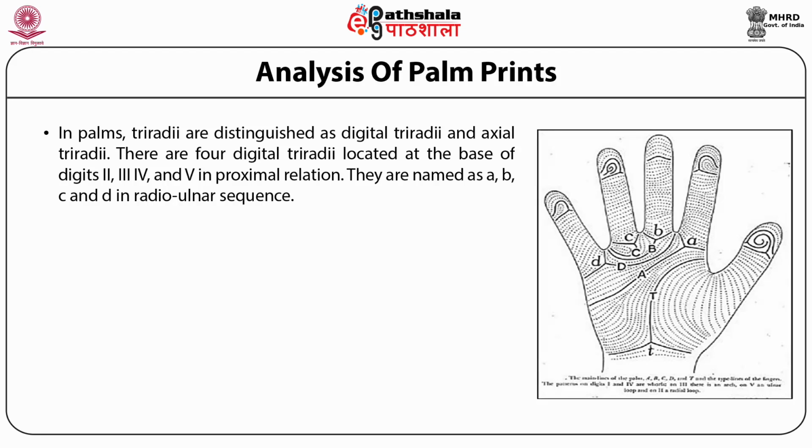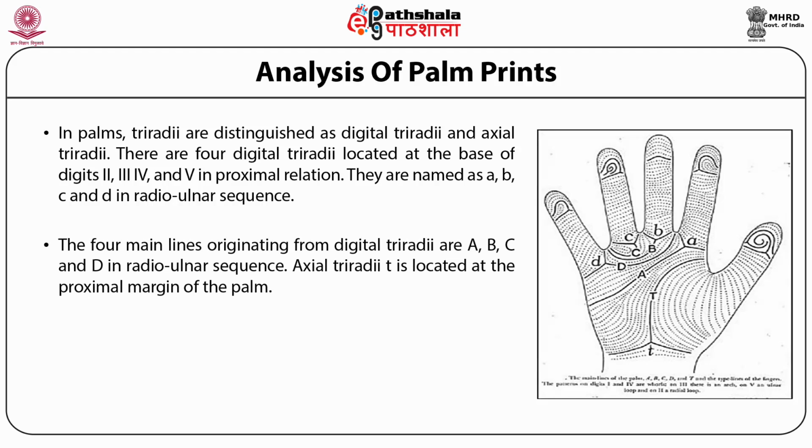They are named as a, b, c, and d in radio-ulnar sequence. The 4 main lines originating from digital tri-radii are capital A, capital B, capital C, and capital D in radio-ulnar sequence. Axial tri-radii are located at the proximal margin of the palm.